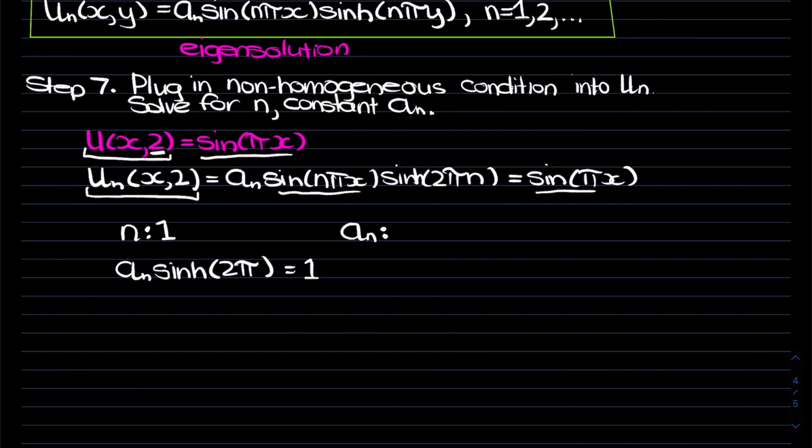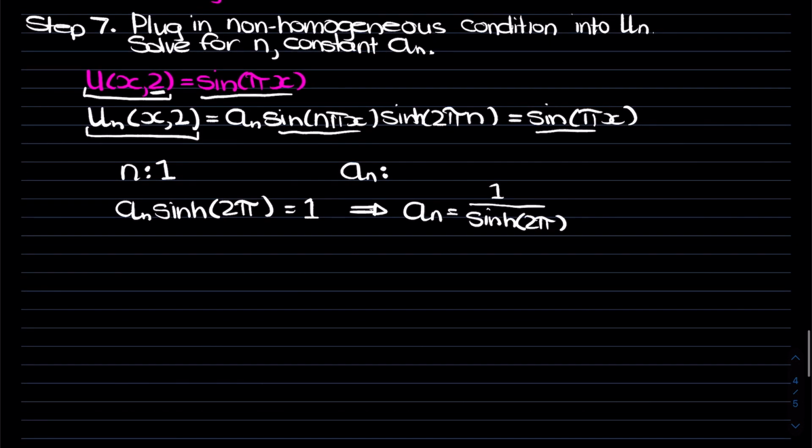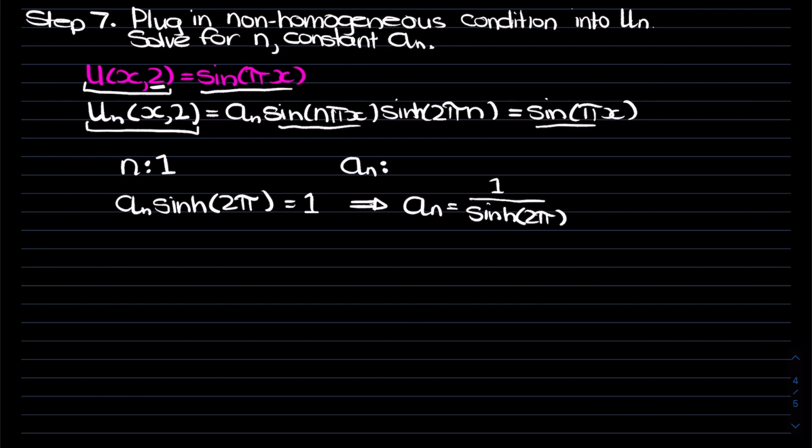And then solving for a of n, this just means that our a of n equals 1 over the hyperbolic sine of 2 pi. So now that we've got our constant a of n and our n, we can go to step 8.